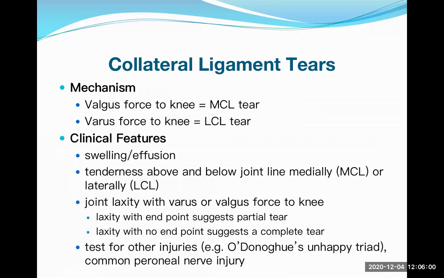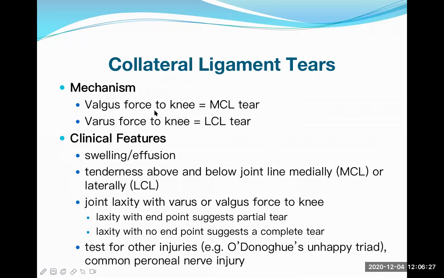Now, with this, let us enter into some of the pathology in the remaining 10 minutes. Why does collateral ligament tear occur, what are the clinical features, and how do we manage it? Now, the mechanism for collateral ligament tear is a valgus or varus force to the knee.